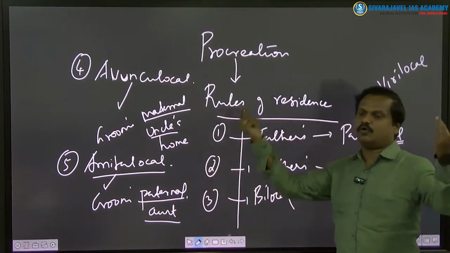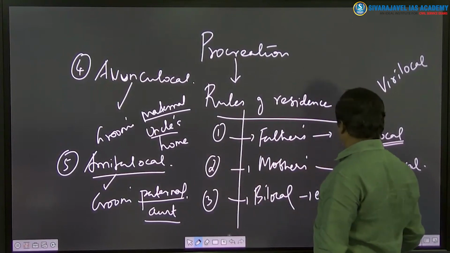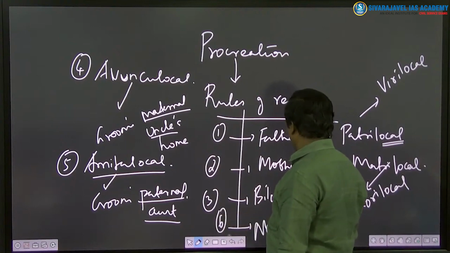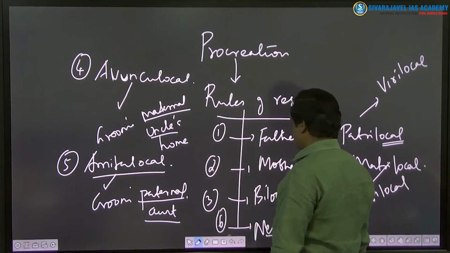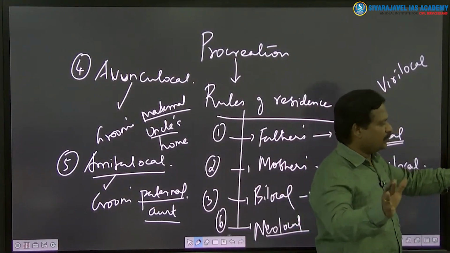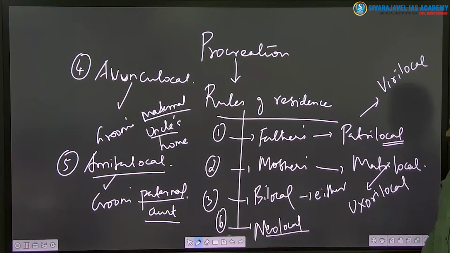After marriage, you can create your own house, called neo-local. Don't stay in your relatives' house, neither father's house nor mother's house. You create your own house after marriage. You will be there, your spouse will be there. So this is what is called rules of residence.